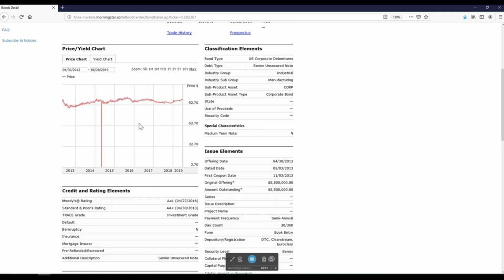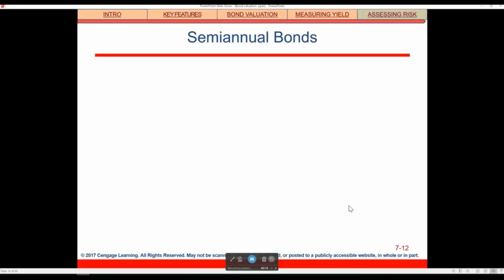So then how do you compute the value of a bond if you know that you're going to receive 2 payments in a year? This is what you're going to do. First, you're going to have to change some of your inputs in order to reflect that it's semi-annual. For the number of periods, if they give you 10 years, you multiply it by 2 because you're going to get 2 payments in a year.